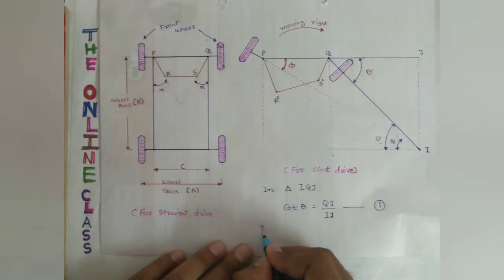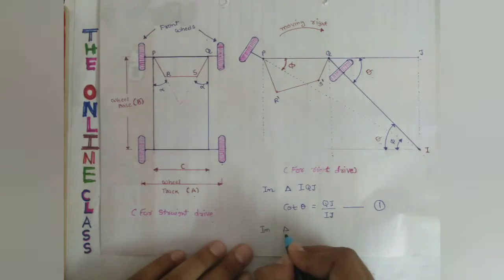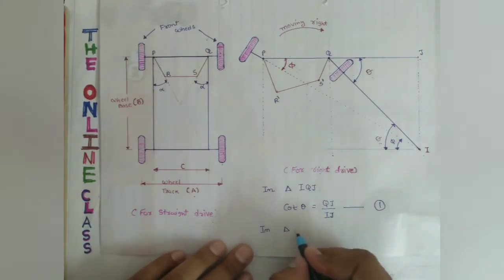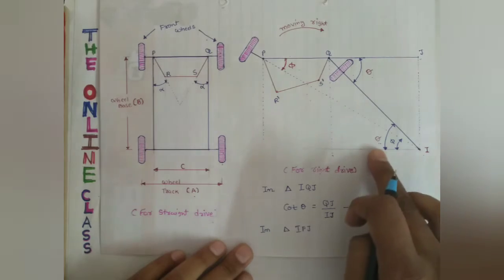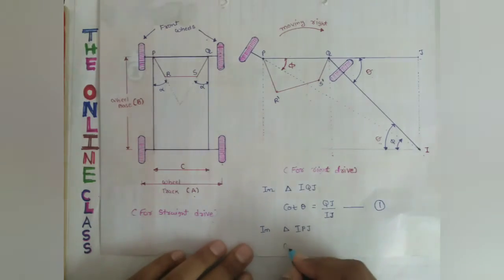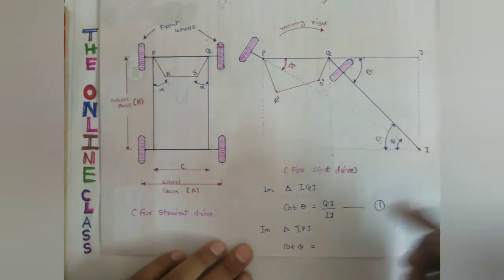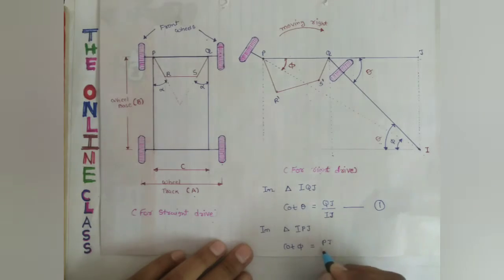Then in triangle IPJ, cot phi is equal to PJ divided by IJ.